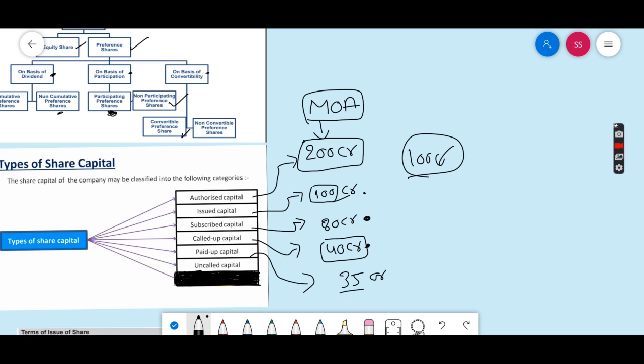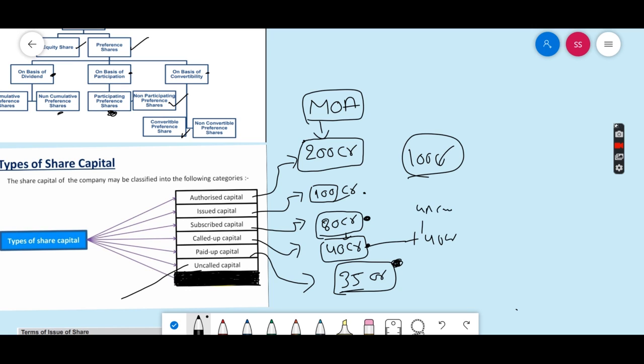So that is paid up capital. This 35 crores is the money you actually received. Uncalled up capital means, here 80 crores is the subscribed capital, and out of subscribed capital you called only 40 crores. So the remaining 40 crores is uncalled capital.